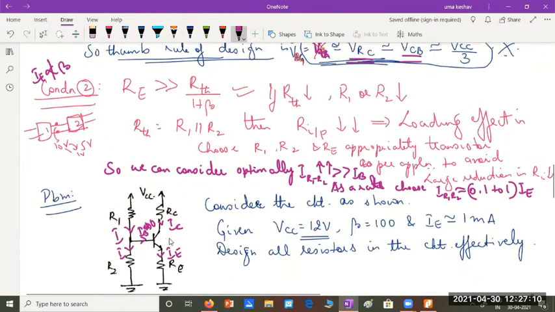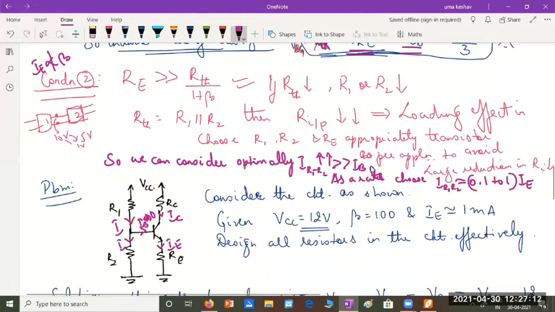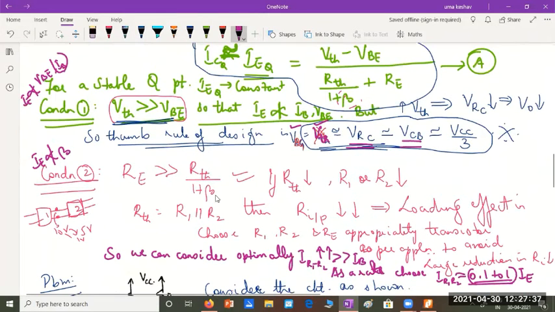So if we want to do that, in the second condition, as a rule, we'll choose the current in this voltage divider I to be much greater than the current through the base IB, and we will normally choose that current to be 0.1 to 1 times the emitter current IE. Okay, so please remember these two rules of design.